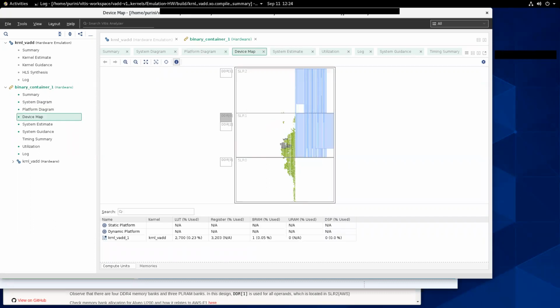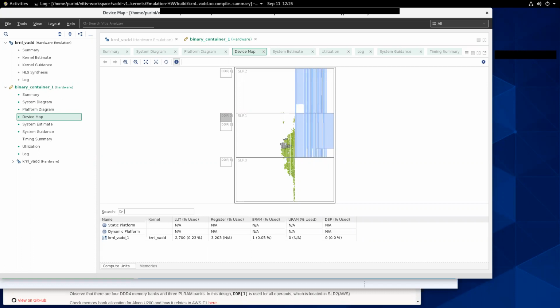And then this is the device map. Maybe Padmini ma'am can explain a bit here. Apparently there are these super logic regions, SLR0, SLR1, and SLR2. The DDR controllers, in order to access the memory on the FPGA fabric, I think we have these memory controllers.